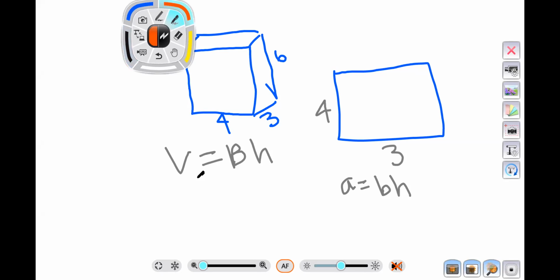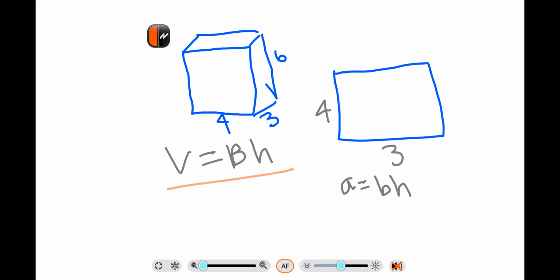Remember our volume formula was V equals big BH. Big B stands for area of the base. So area of my base, well, my base is a rectangle. So that means I need to find the area of the rectangle. So 4 times 3, so that's our base times height.